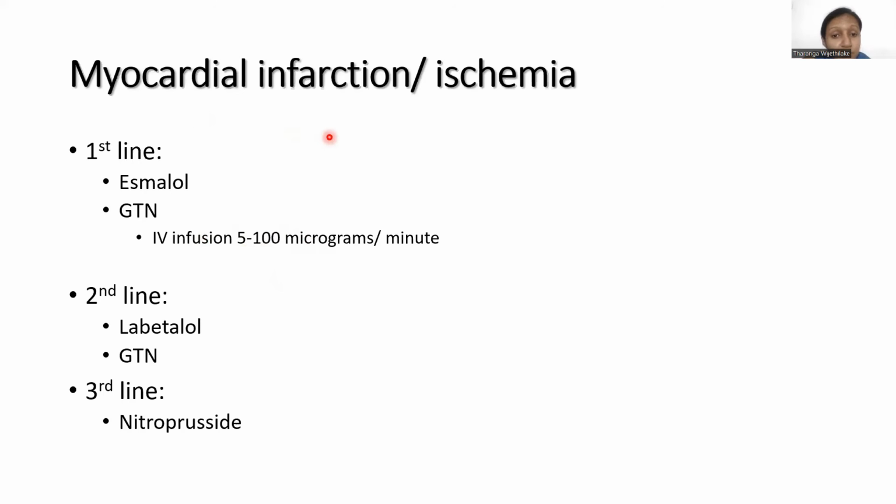Very beneficial in myocardial infarctions, acute cardiogenic pulmonary edema, and renal failure due to this vasodilatory effect. So first line is that, second line labetalol, third line is nitroprusside. Again, the same theory applies for myocardial infarction management.